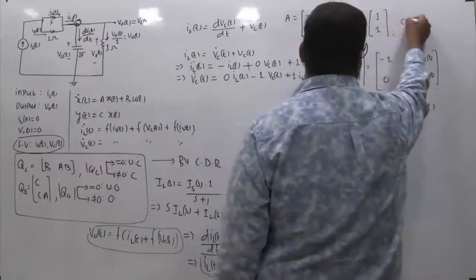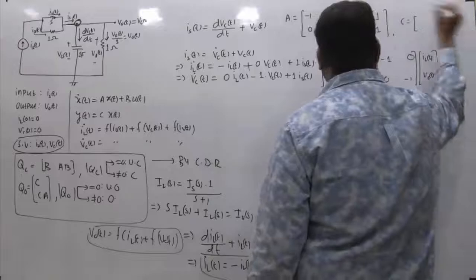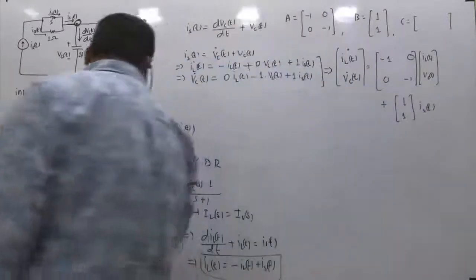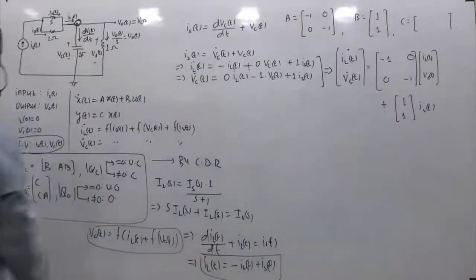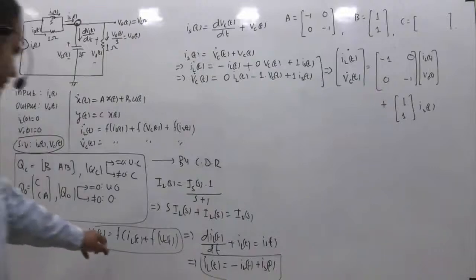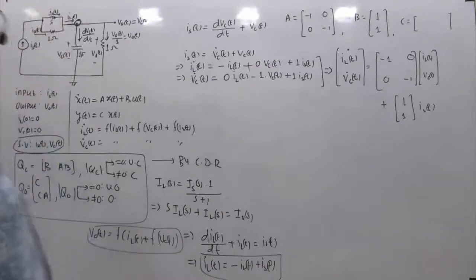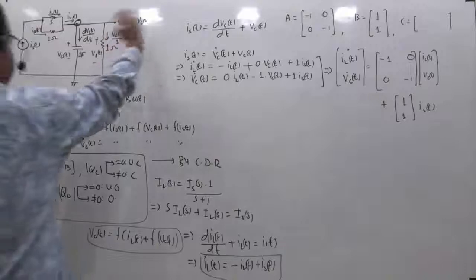And what else do I need? I need the C matrix. So what will be the C matrix now? In the C matrix case, we are expecting V naught of t as a function of VC(t) and IL(t). V naught of t itself is VC(t).